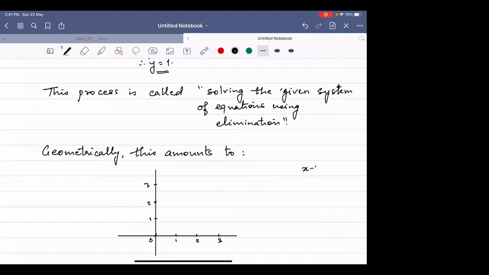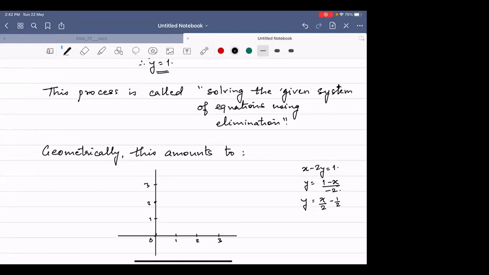I'm looking at x minus 2y equal to 1. That is the same as the equation y equals (x minus 1) divided by 2, so y equals x by 2 minus 1 by 2, right?